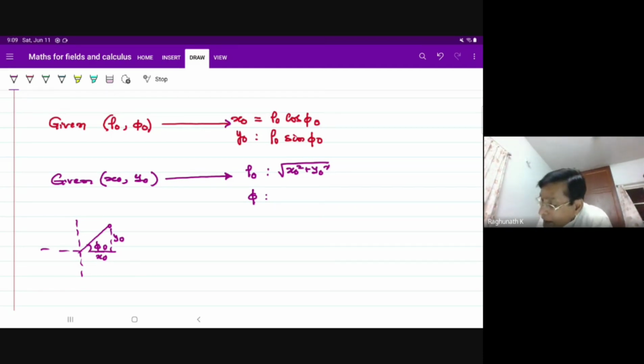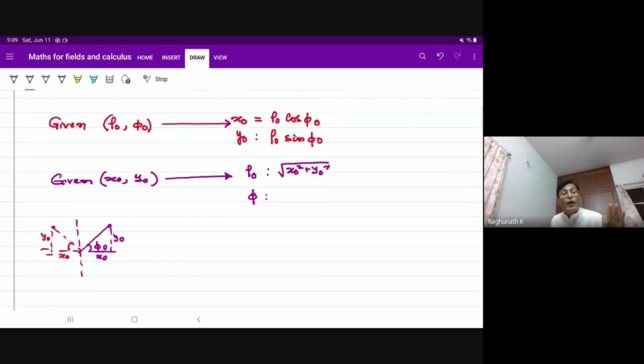If it is there in the second quadrant, this is x naught but minus, this is y naught. The angle is always to be measured from positive real axis. X naught is negative, but mod x naught will give me this angle.